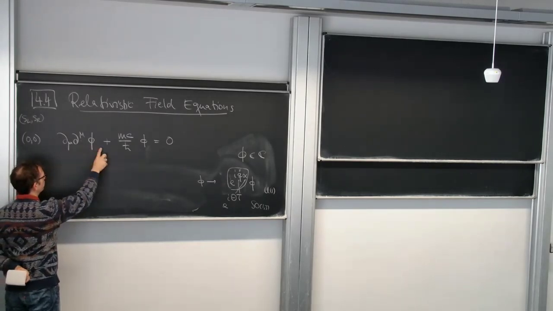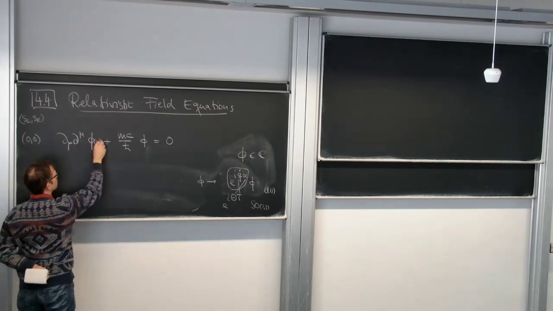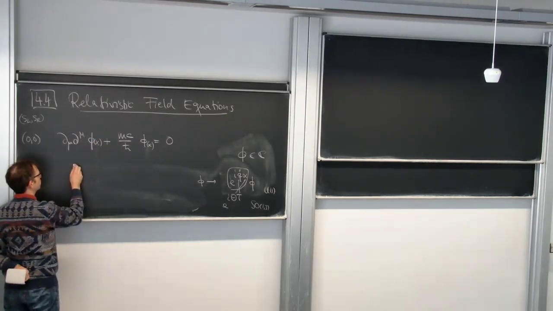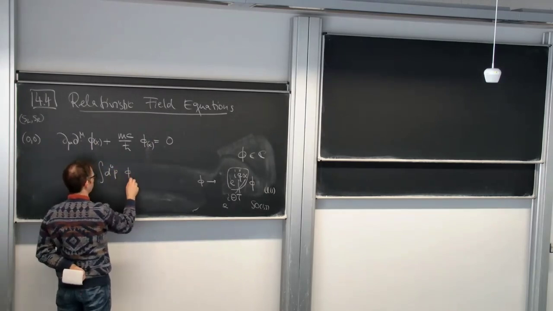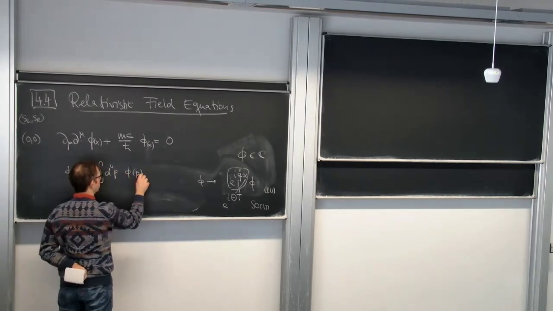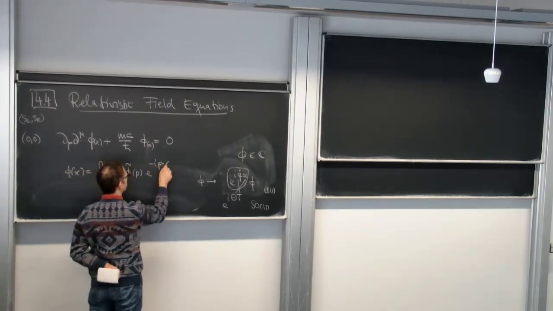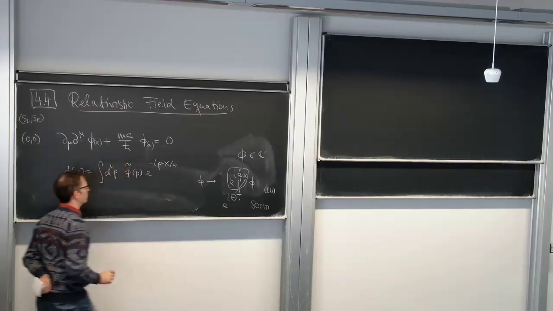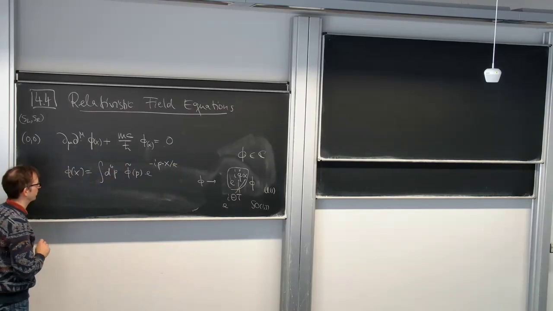If we want to solve this equation, this is in position space. Usually you go to momentum space. We did this also before, so you have phi of x equals the integral d^4p phi of p e to the minus ip times x over h bar, I guess. At some point, I'll set this to 1, then you won't even ask where I stand with h bar.